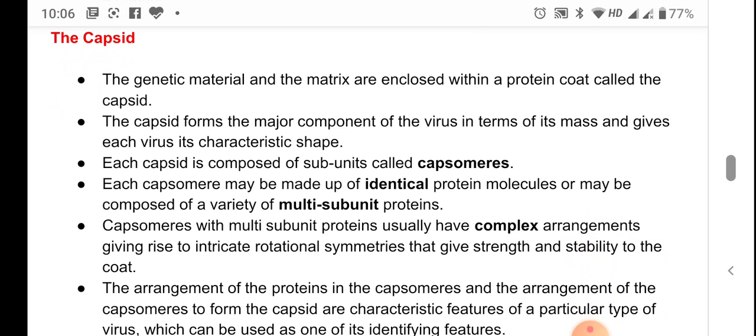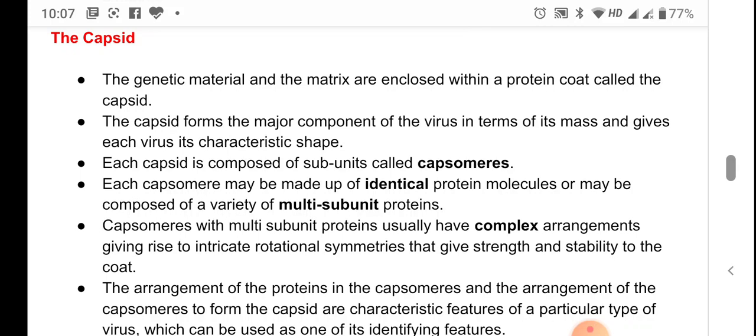Now the composition of the capsid. This capsid is composed of subunits called capsomeres. There will be many capsomeres joined together to form the capsid. These capsomeres may be identical, or they may be made up of a variety of capsomeres, in which case there will be multi-subunit proteins forming the capsid.